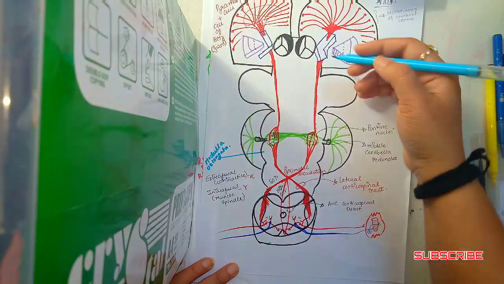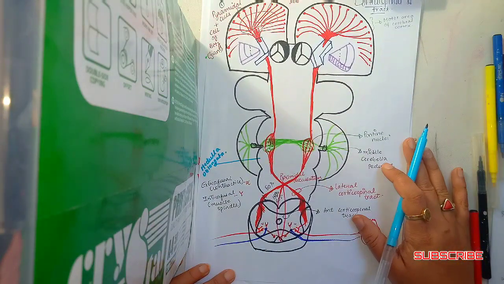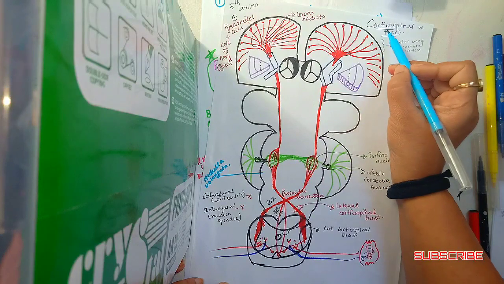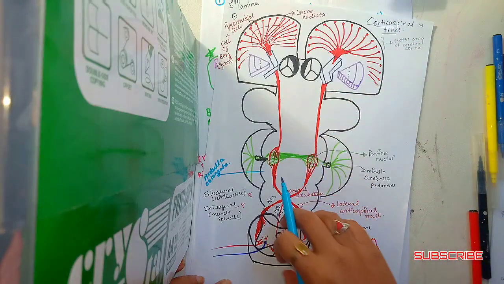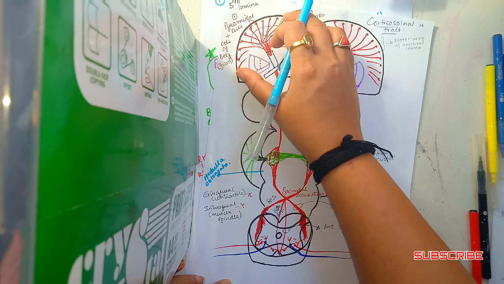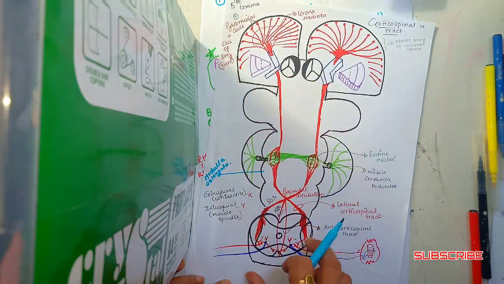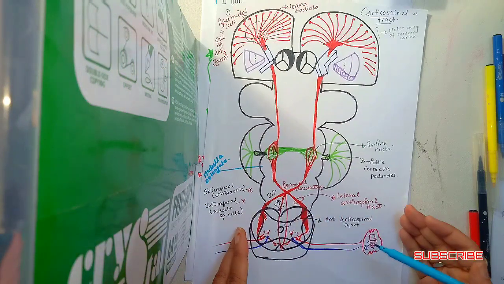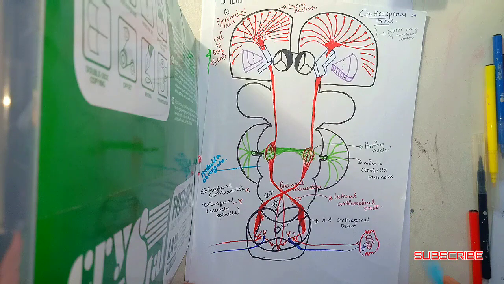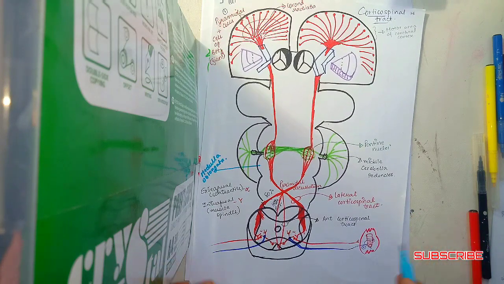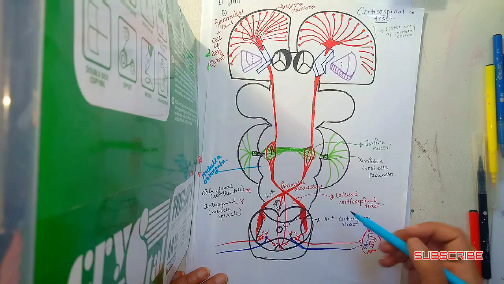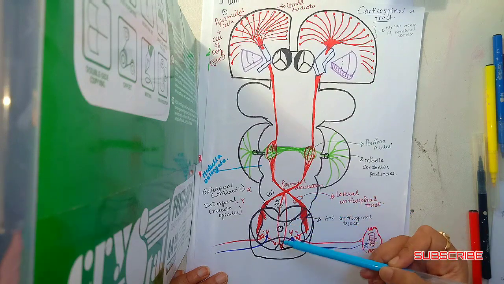Okay, so here you can see the whole corticospinal tract. Cortico means cortex, spinal means spinal cord, tract. So the fibers come from the cortex to the spinal cord and they go to the muscles, like skeletal muscles, every muscle, right? And here you can see the anterior corticospinal tract.